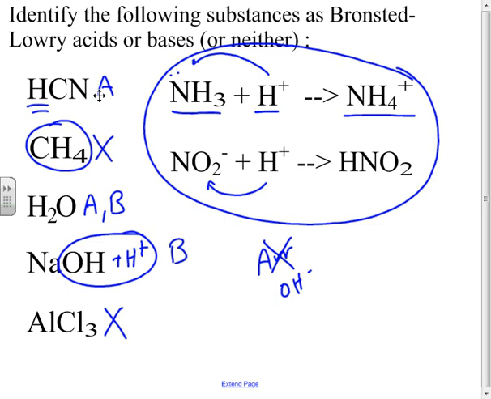Again, all Arrhenius bases are Bronsted-Lowry bases because they can always accept a hydrogen ion, but not all Bronsted-Lowry bases are Arrhenius bases because they don't form the hydroxide ion.